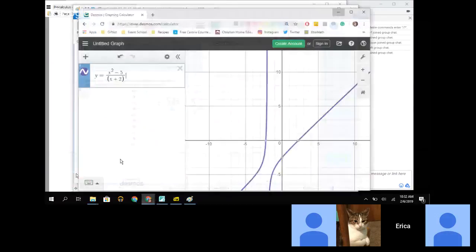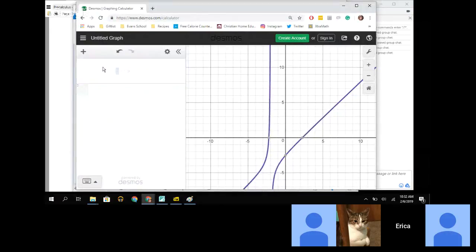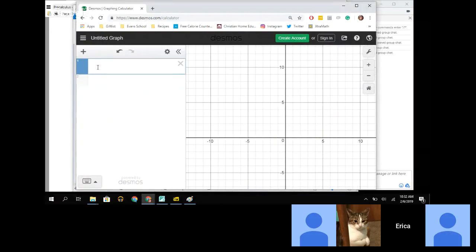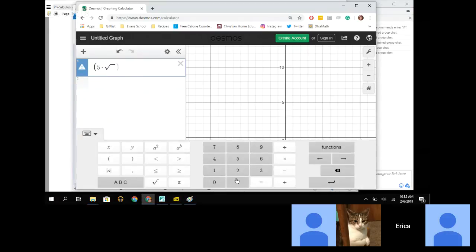So if I wanted to graph my point, I have a point at 5 times the square root of 3 divided by 2, right? That's your x coordinate. And then your y coordinate is just 5 divided by 2. Okay.